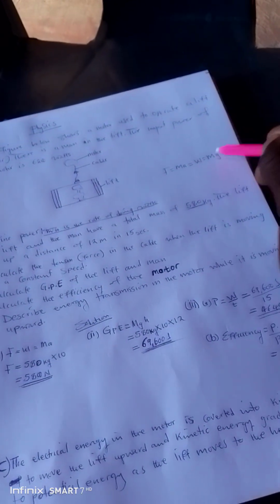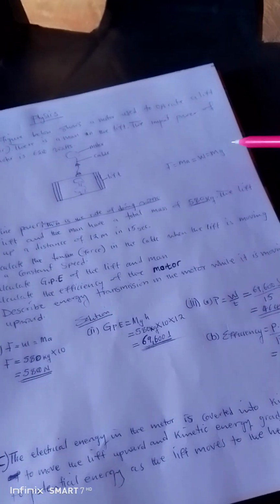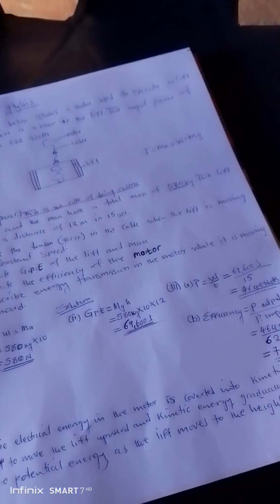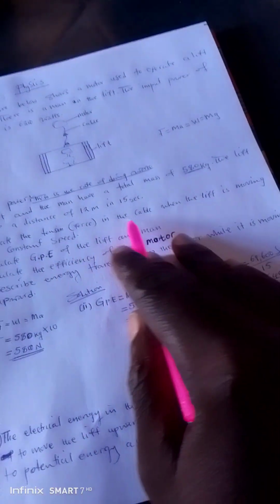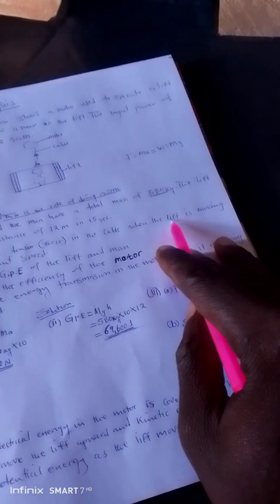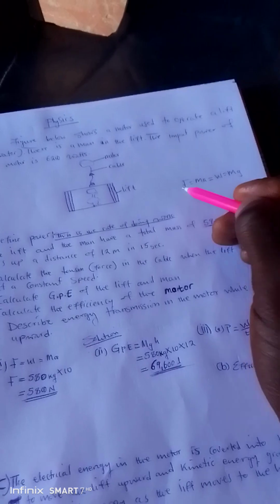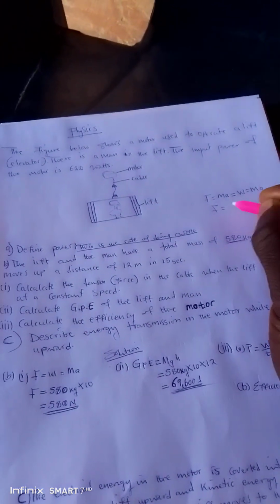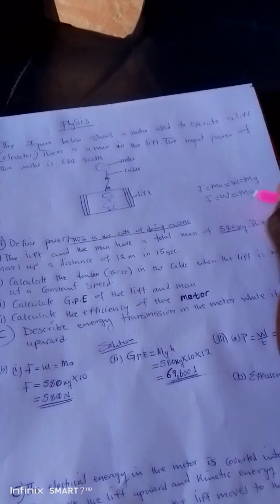And the m is the mass, and the g is the acceleration due to gravity, which is 10 meters per second squared. And if you look at the question, it says the tension force in the cable when the lift is moving at a constant speed. So at a constant speed, which means that force will be equal to weight, which is equal to mg.